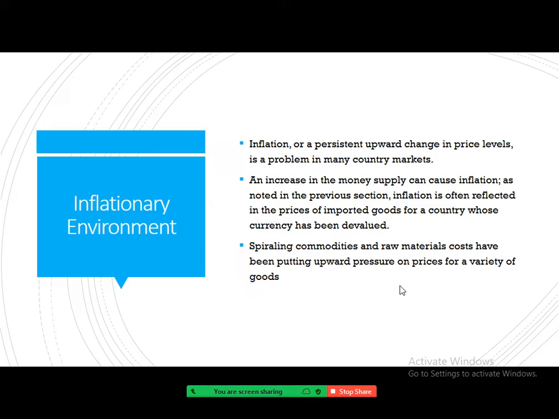Spiraling commodities and raw materials costs have been putting upward pressure on the prices for a variety of goods. You can take the example of higher prices of corn and wheat forcing companies such as Kraft Foods to raise prices.